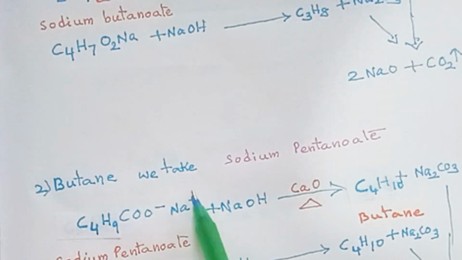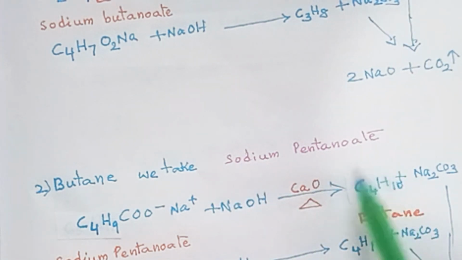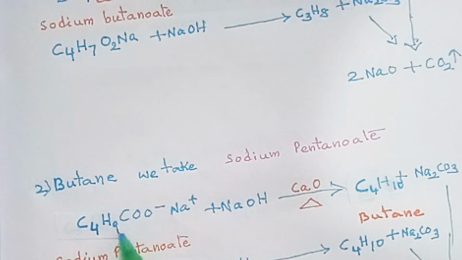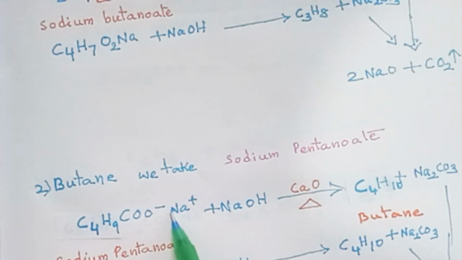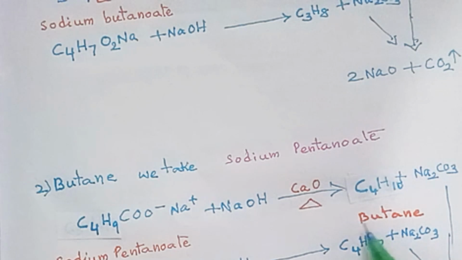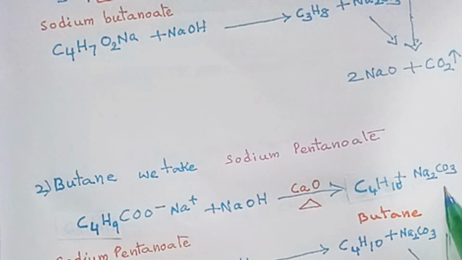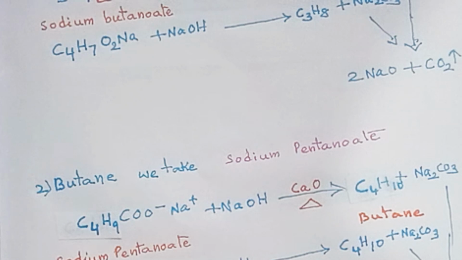Similarly, to prepare butane, we take sodium pentanoate, that is C4H9COO minus Na plus, with NaOH in presence of calcium oxide. On heating, it gives butane C4H10 and sodium carbonate. Sodium pentanoate has the molecular formula C5H9O2Na.